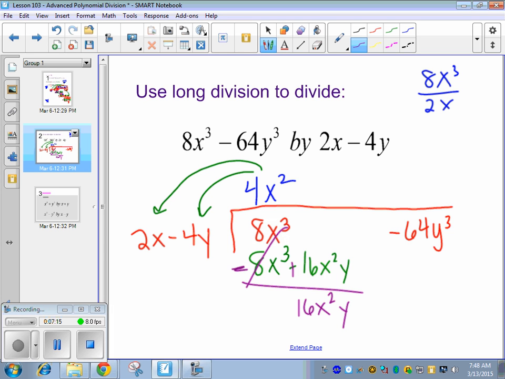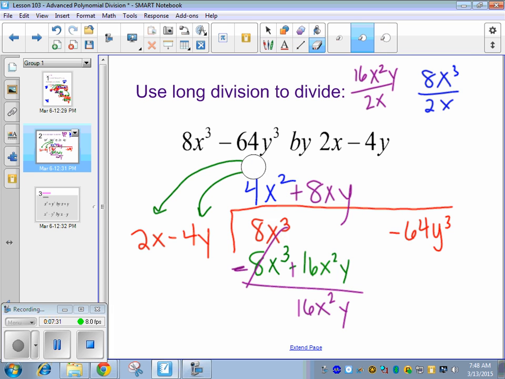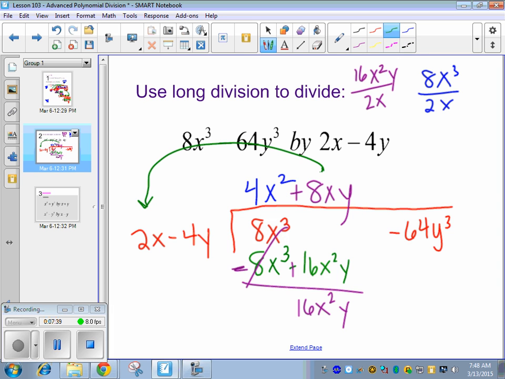Now we divide. Grace, what do I get when I divide 16x squared y by 2x? 8xy. Good, plus 8xy. Peyton, after I write anything up on the top, what's my next step? Multiply it back through times both terms.